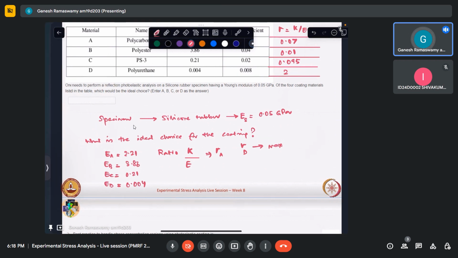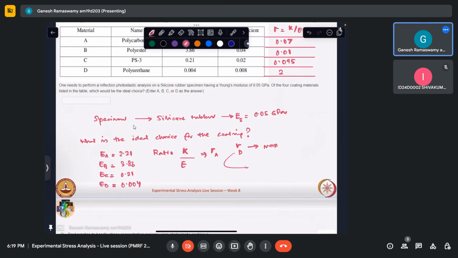This ratio gives us a measure of the least reinforcement and maximum photoelastic response. So we don't want it to provide any reinforcement to the specimen.